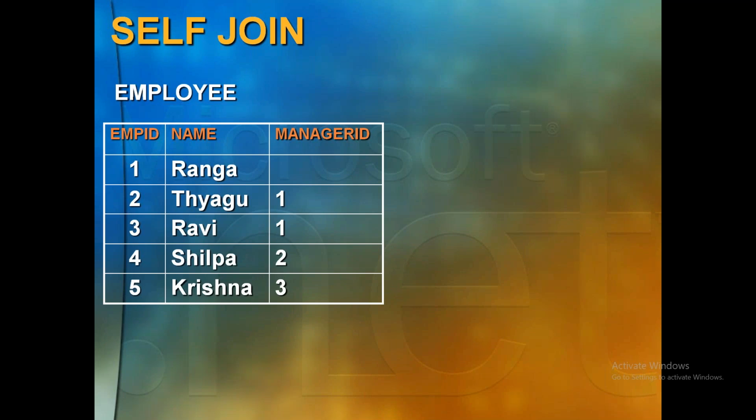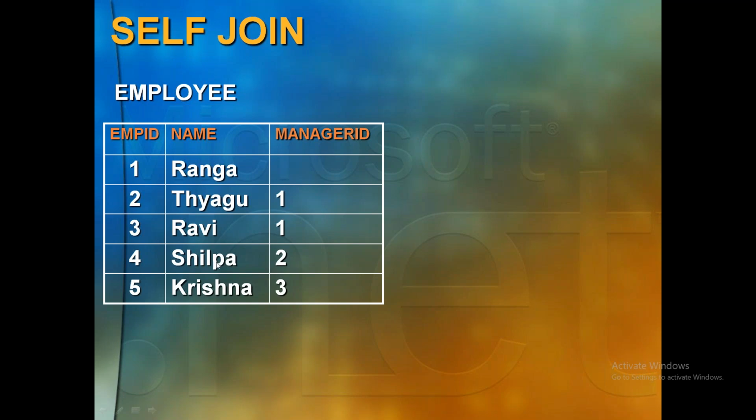I have a table: employee ID, name, and manager ID, right? So manager is also one more employee. I have this guy, who is the CEO of the company. He doesn't have any boss, right? But the second guy is reporting to the first guy, and the third guy is reporting to the first guy again.